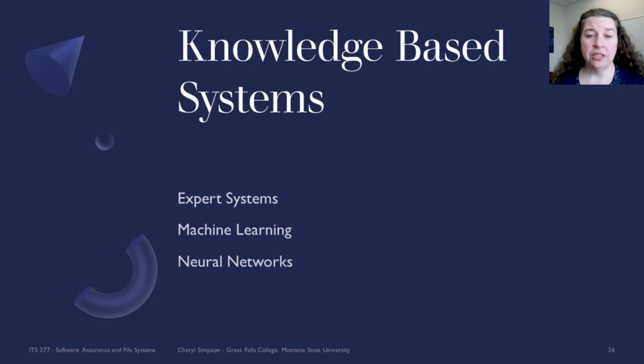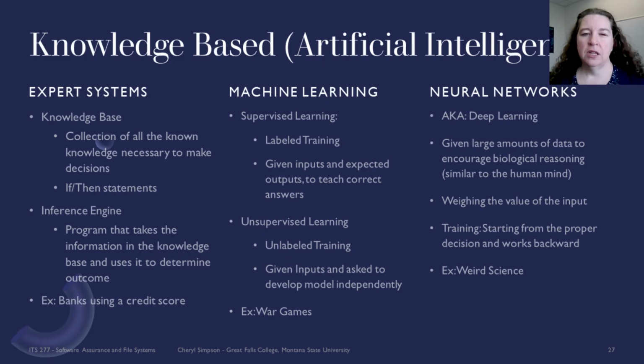In our last section for this chapter, we're going to cover knowledge-based systems, including expert systems, machine learning, and neural networks. So, knowledge-based essentially refers to artificial intelligence. And I'm just going to cover all three of these, expert systems, machine learning, and neural networks, in the same concept, because they all kind of go together.